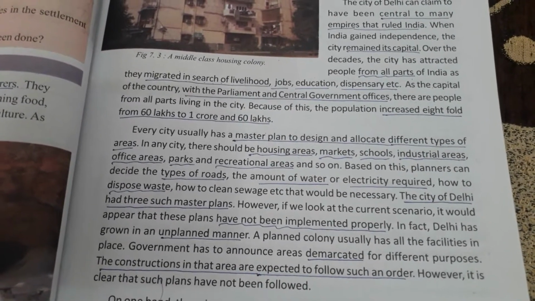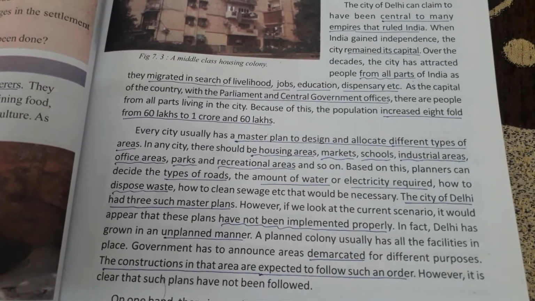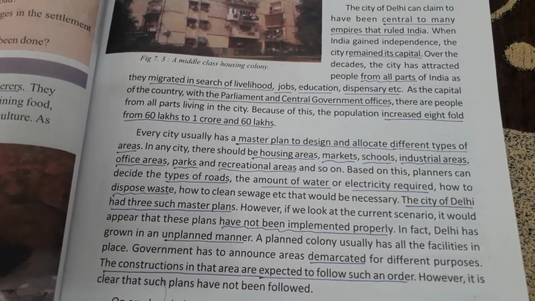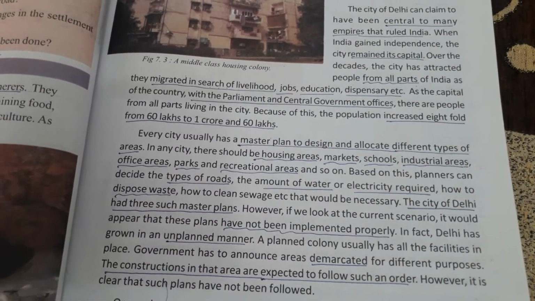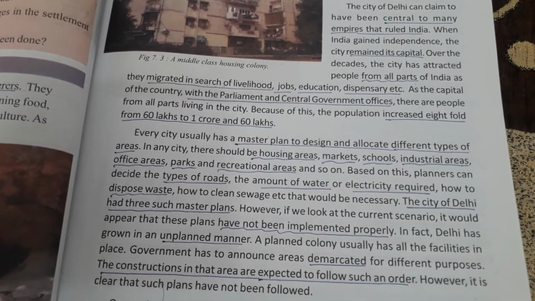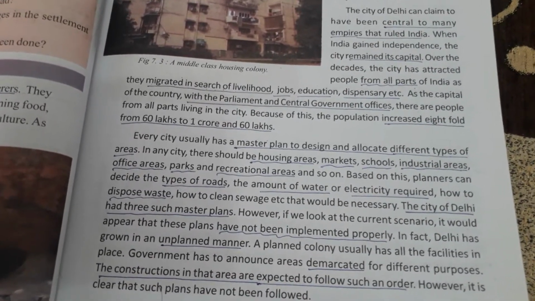But what happens? They don't announce the plan priorly. They don't give a clear idea about those areas. That's why people may occupy those places for housing.